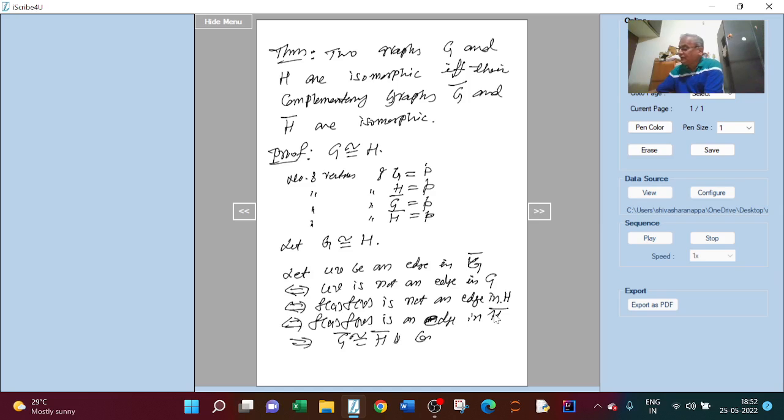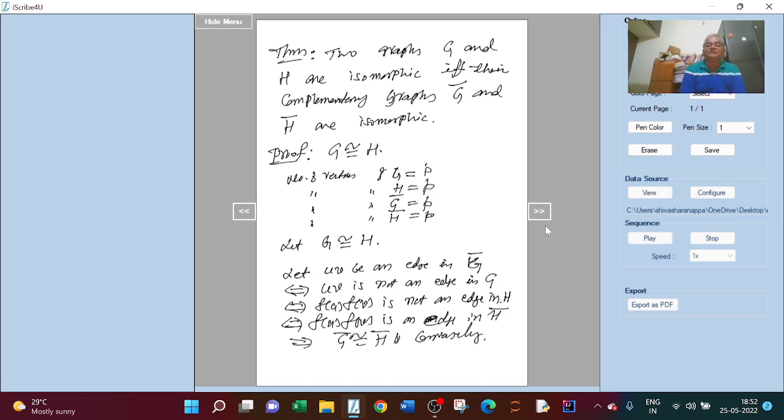And conversely, if G bar is isomorphic to H bar, then the complement of G bar is G and the complementary graph of H bar is H. So if G is isomorphic to H, then G bar is isomorphic to H bar, or conversely, if G bar is isomorphic to H bar, then G is isomorphic to H.